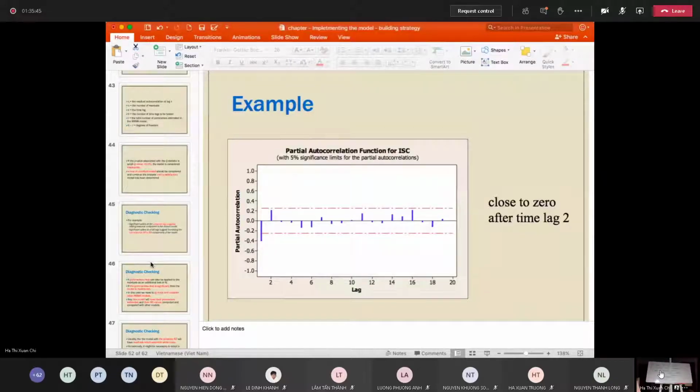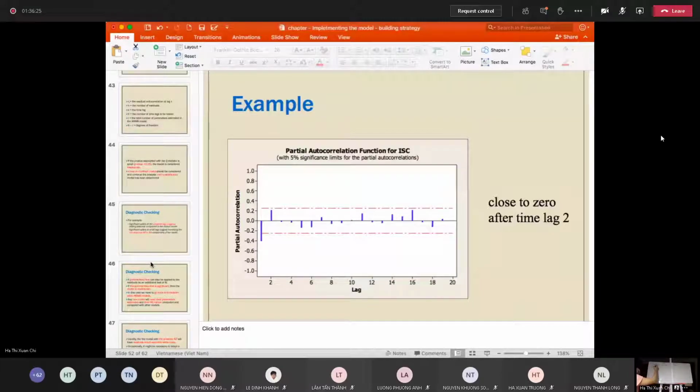So let me quickly review it for you. For the MA model, you see PACF and ACF: the ACF cuts off, then the PACF dies out.